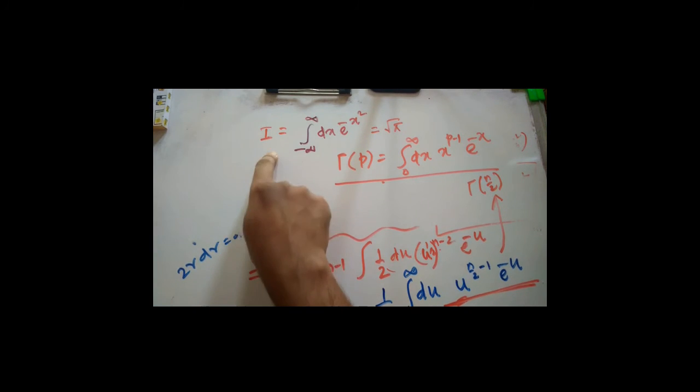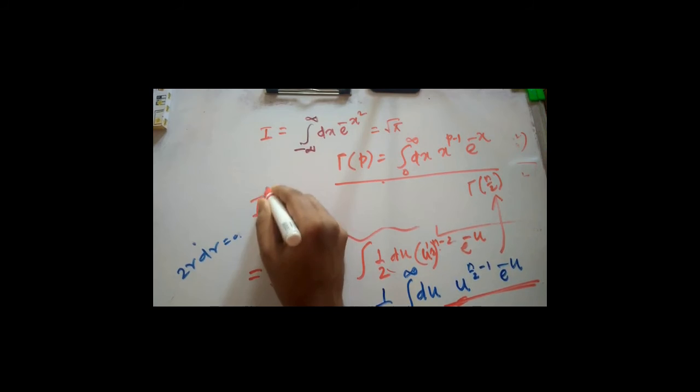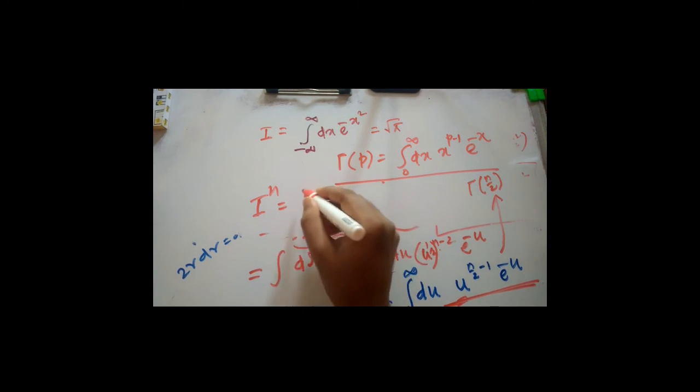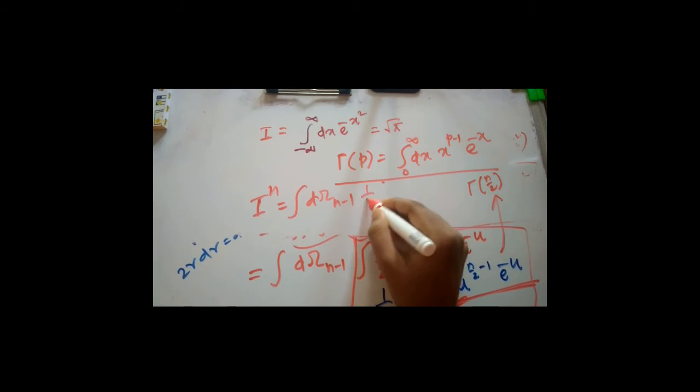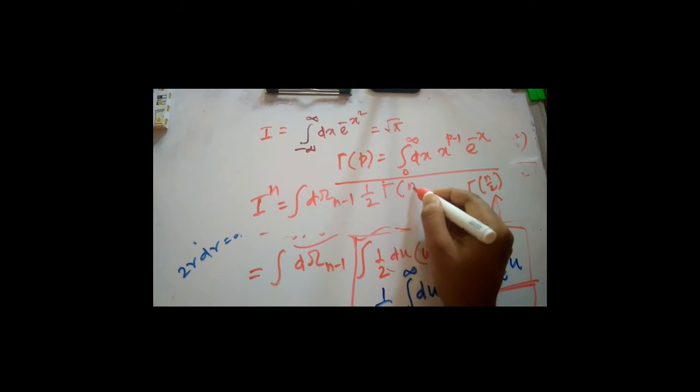From there you can get that this is nothing but gamma n by 2, right? Gamma n by 2. Therefore this I to the power n is the integration of d omega n minus 1, and then this part is half gamma n by 2. I think it's okay, there is no problem with that.